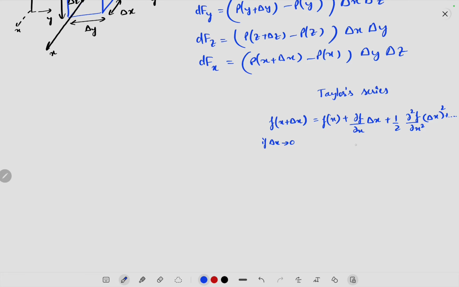Now we assume that the higher orders can be neglected for our problem, and we'll only take the first two terms in the Taylor series.